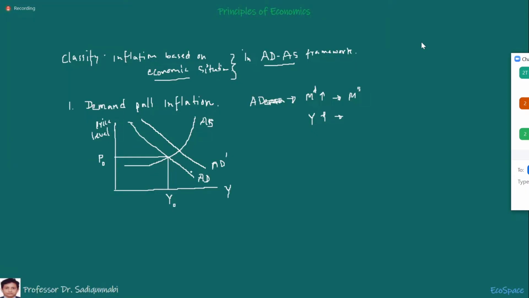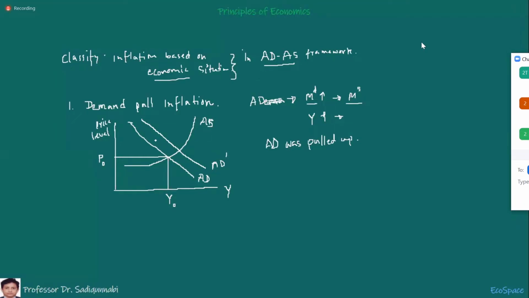Now, when the aggregate demand curve shifts forward, what happens? So demand was pulled up, AD was pulled up. Why? Because maybe demand for money increased, or maybe supply of money increased.